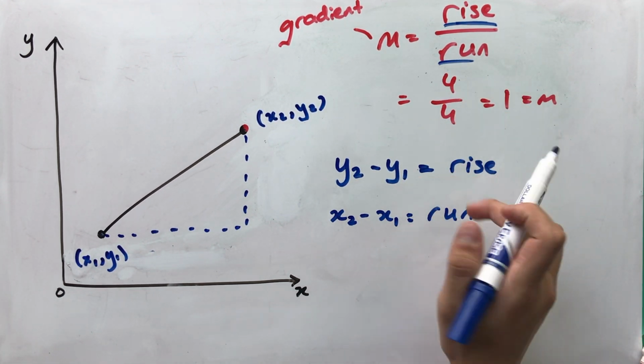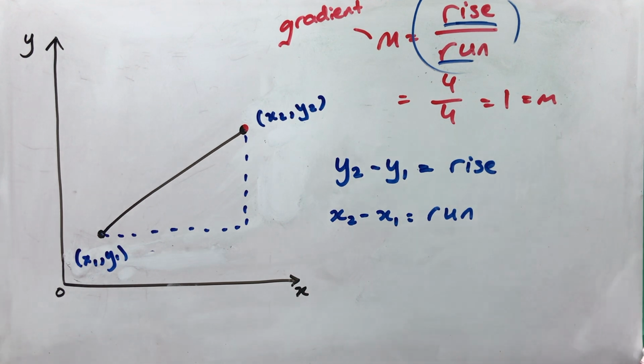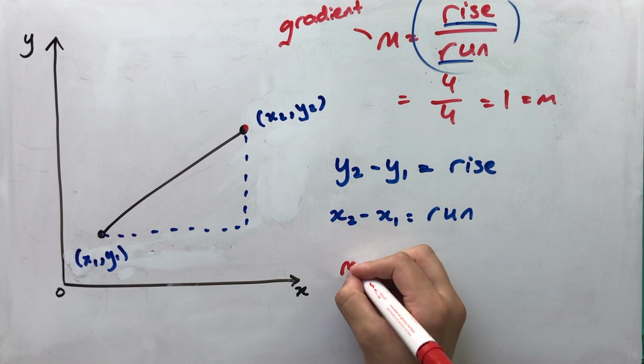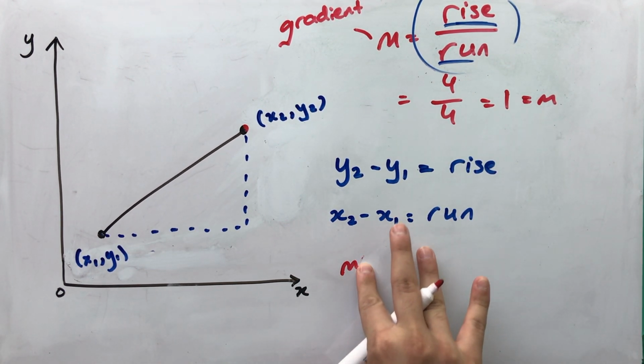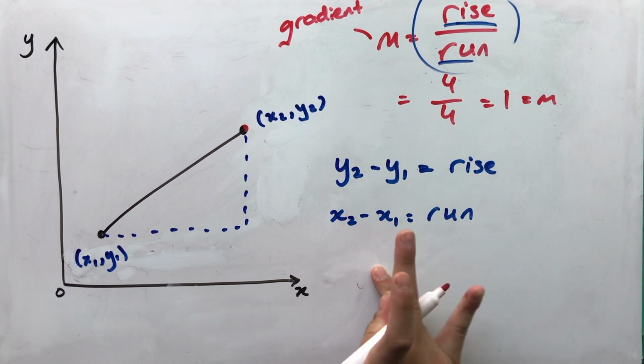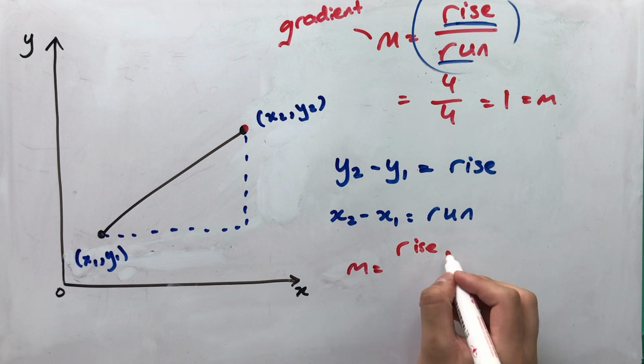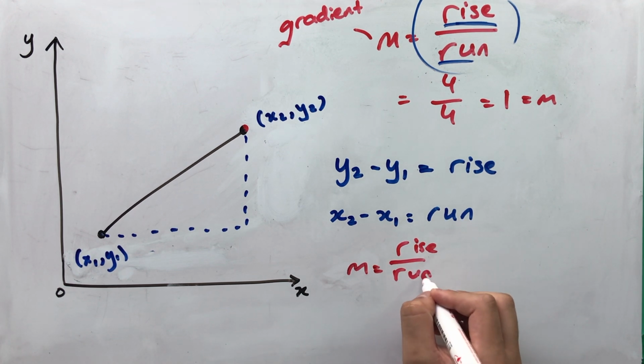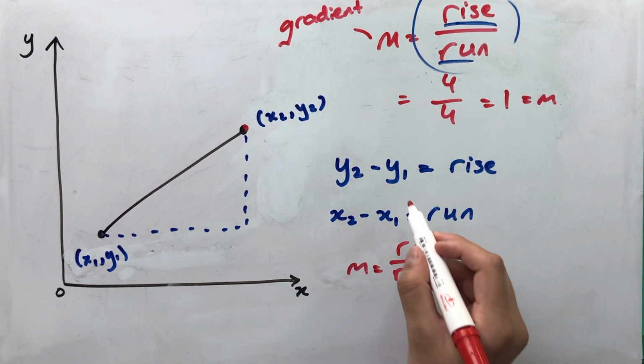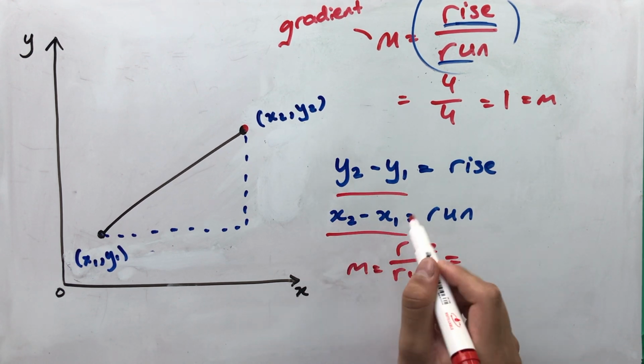Now to put this into the same type of formula, we can say m is equal to rise over run, like we know from before. Now we can substitute these values instead of rise and run.